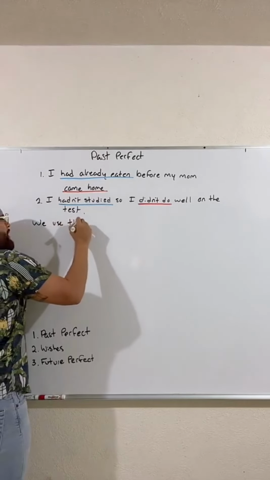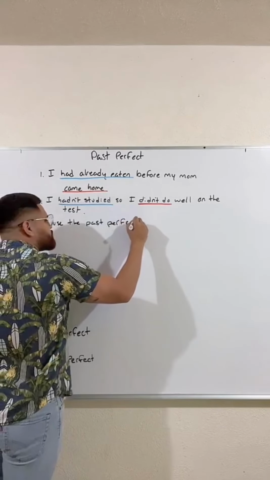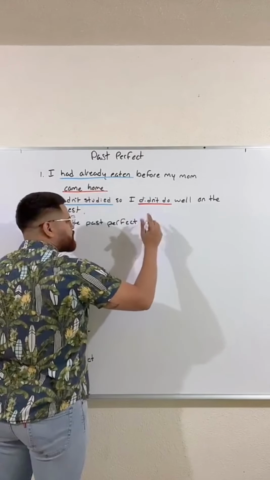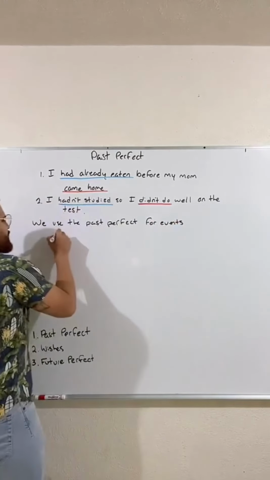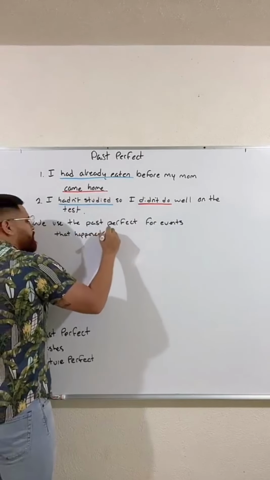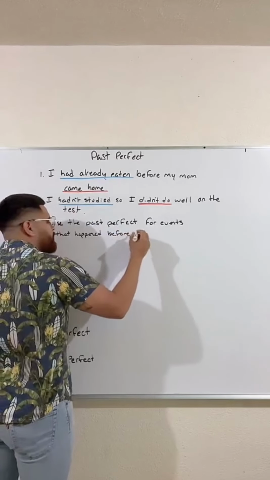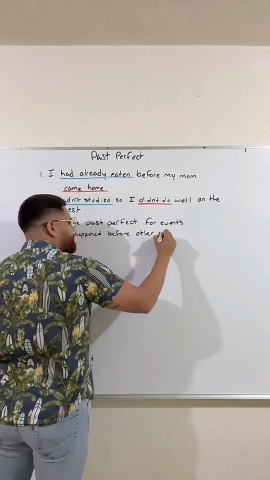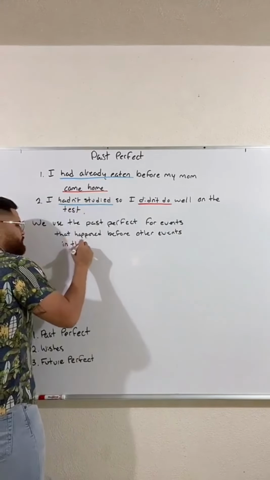We use the past perfect for events that happened before other events in the past.